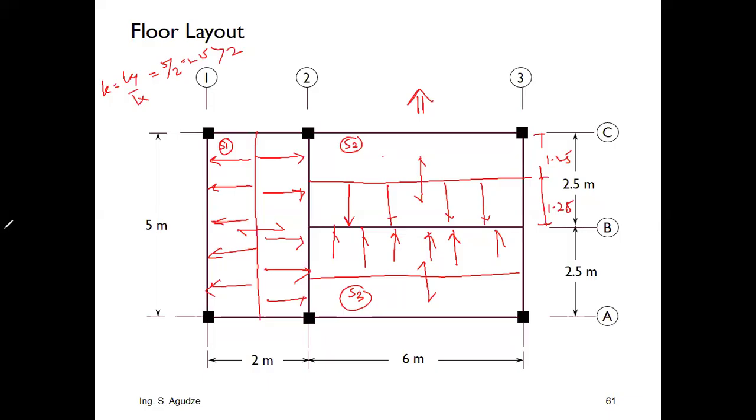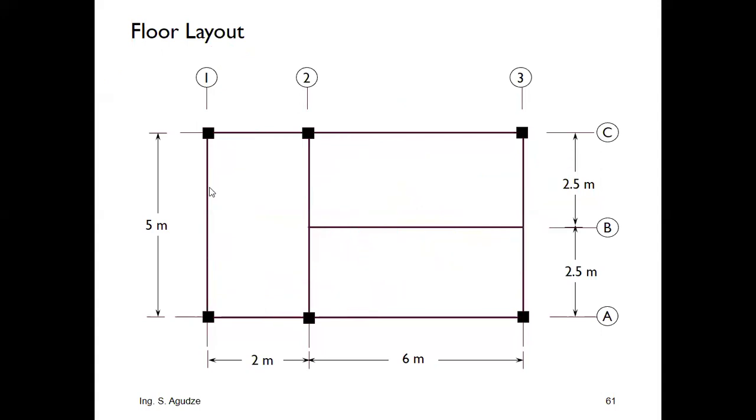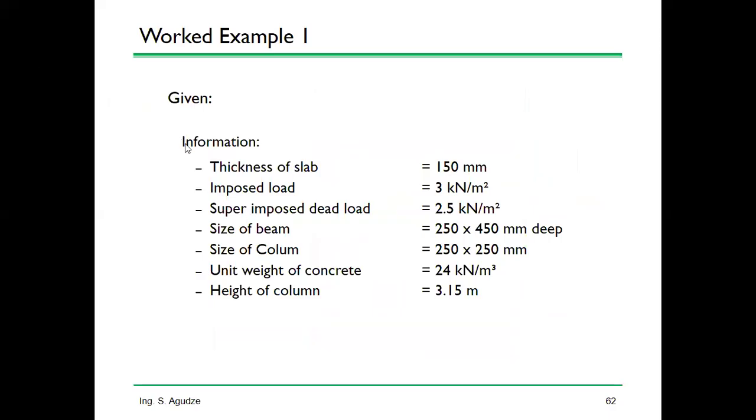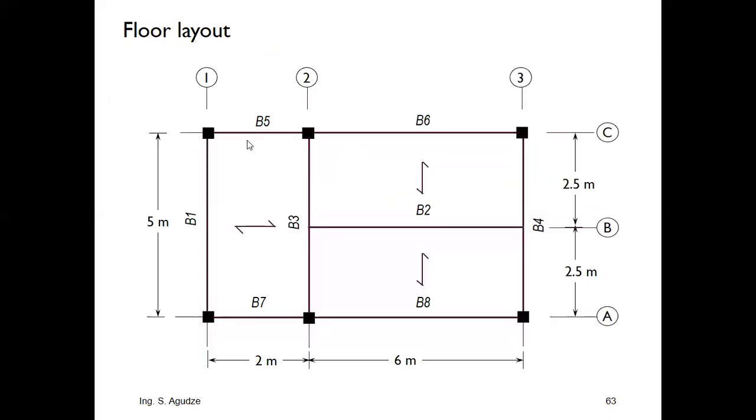Good. So I want to clear the screen. This is the given. What we have done, for simplicity, I have numbered all the beams: beam 1, beam 5, beam 6, beam 4, beam 8, beam 7, beam 3, beam 2, and all that.